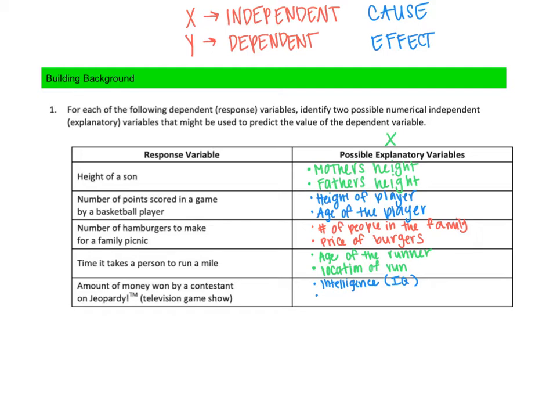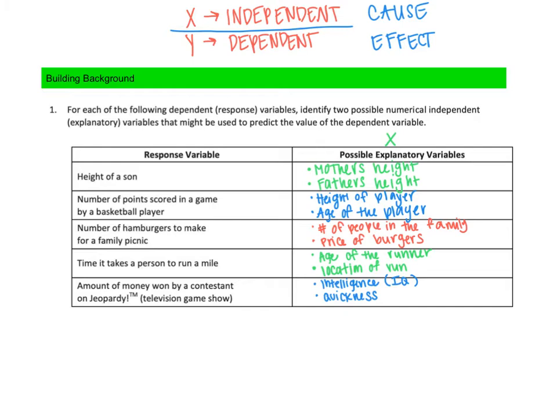And I would also say their quickness. I don't know if you guys have ever watched Jeopardy, but if you hit the buzzer first, you get to answer first. So the quicker the person is, maybe the more money they'd be able to win. So here we've just identified some possible independent variables that would explain these responses.